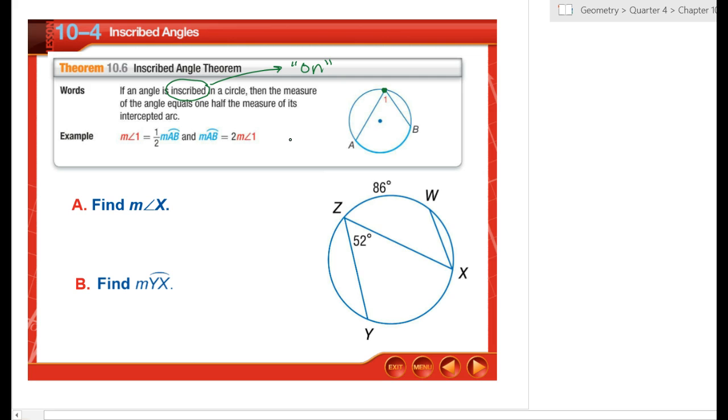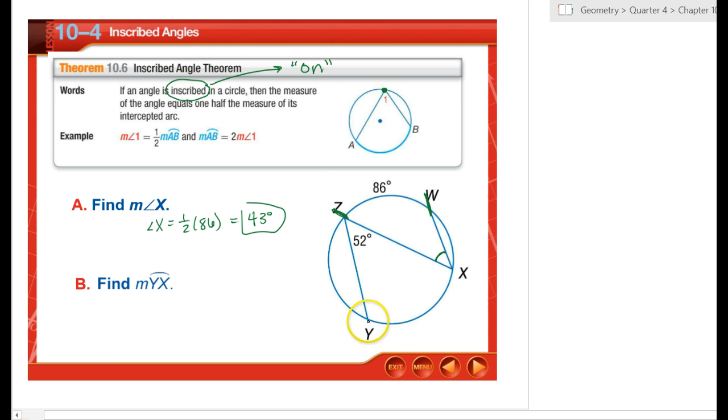So looking at x in this problem, if I want to find that angle, looking at the arc it creates, 86, it makes an 86 degree arc. That means angle x is half of 86, which is 43. Okay.